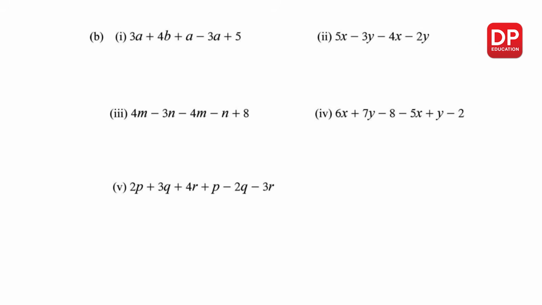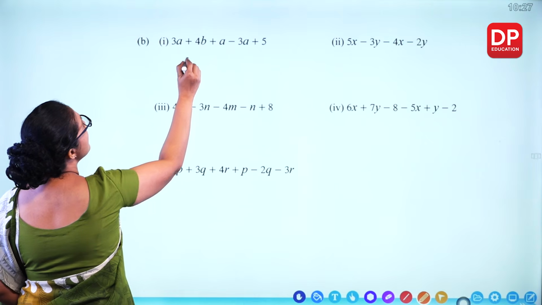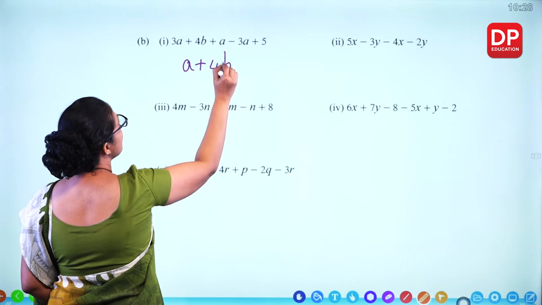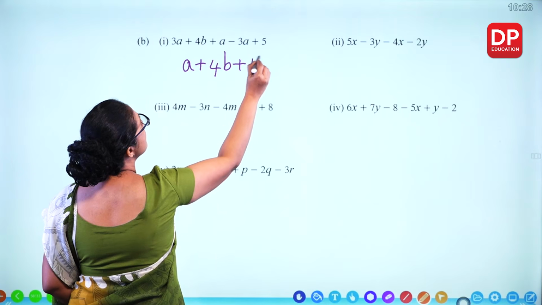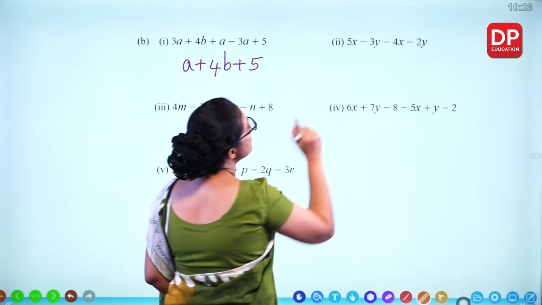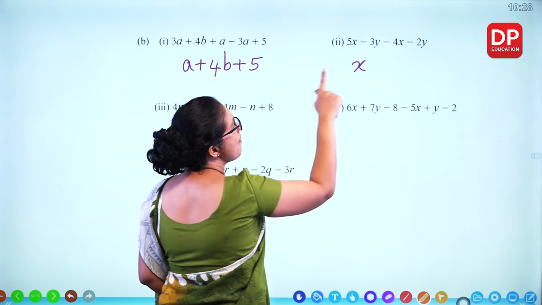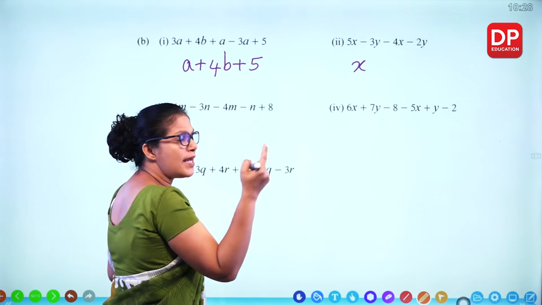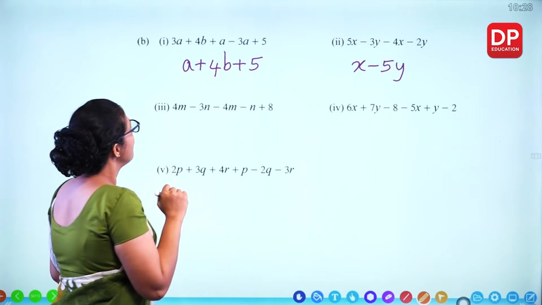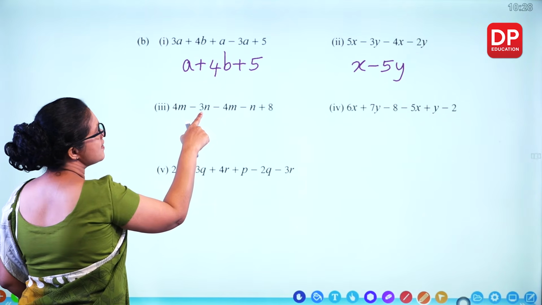This one, a terms. 3a and a, 4a. 4a minus 3a, you get a. 4b and plus 5. This one, x terms, 5x and minus 4x, 1x or x. Minus 3y minus 2y, you have to add it together, that's minus 5y. 4m minus 4m get cancelled out, you get 0.